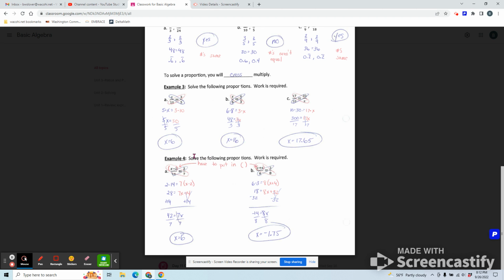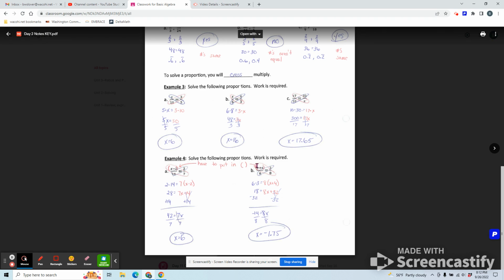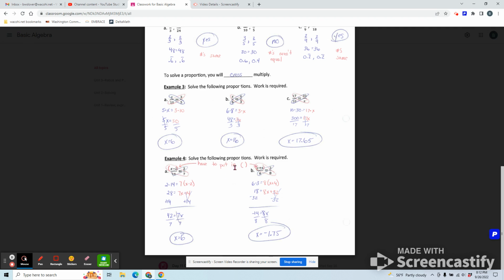Now example 4, same idea, but I have more than one term. If you notice right here, and right here in the numerator, I have this note that says put in parentheses. The reason you're putting that in parentheses is to make sure that you distribute the 7 to both terms. It's not just 7 times x, it's 7 times x and 7 times negative 2.